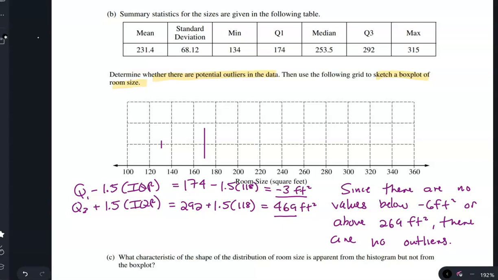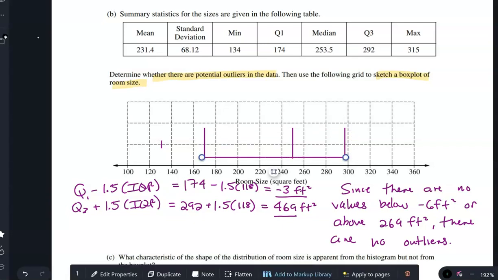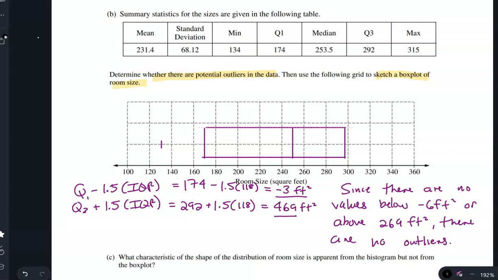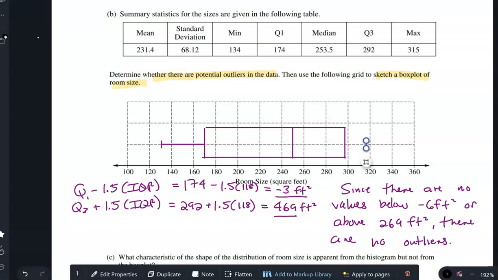Median, 253, here. Q3, 292, here. I don't know why this tool is driving me crazy. It is not doing what I wanted it to do. Okay, there we go. And maximum 315.